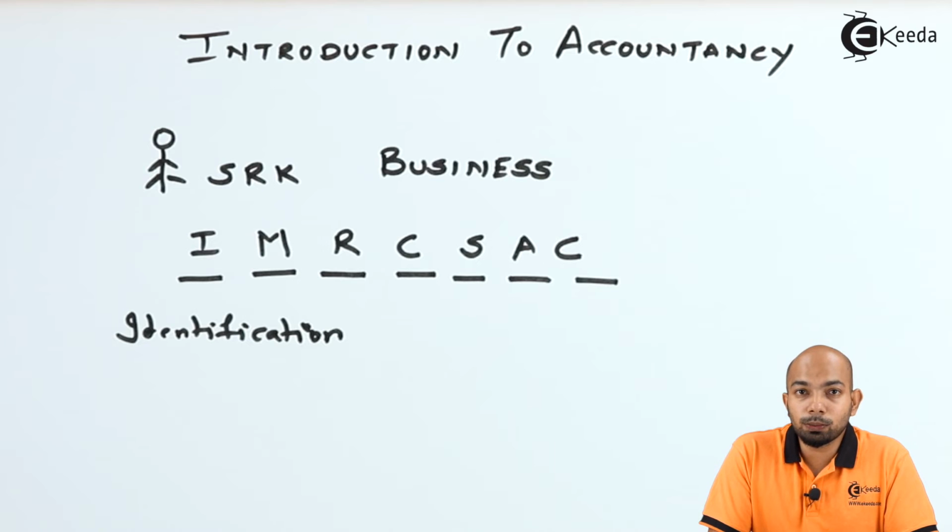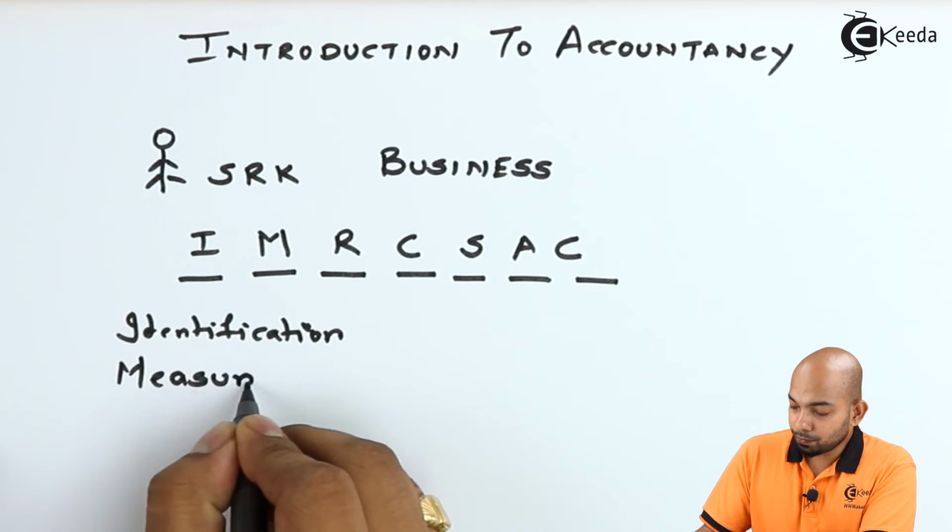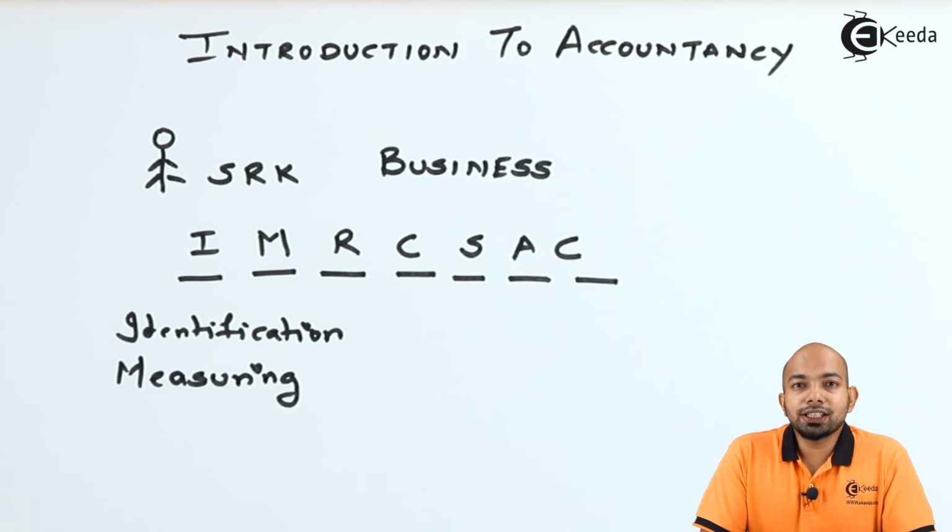The second step that we'll be following through is M, that is measuring. Measuring the transaction in terms of money. The transaction that has been identified as a financial transaction has a specific value. That value is always referred to in terms of money.